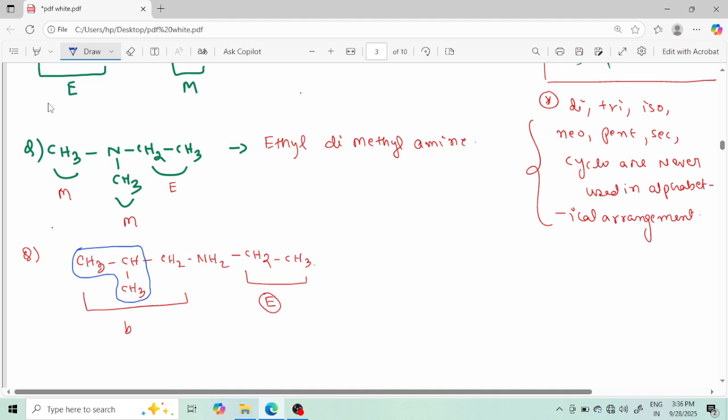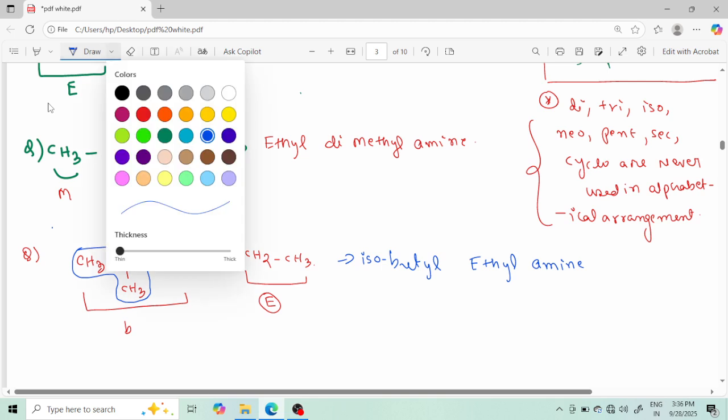So here I have to use the word iso, but while writing I will just consider the first letter of the alkyl group, not the special naming iso, neo, tert or di, tri, cyclo. I know that butyl comes first, so I will write butyl, then ethyl, and then amine. But here I will write iso. Is that clear? I hope it's clear.